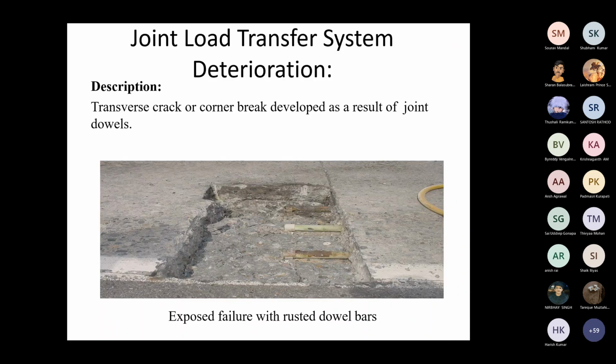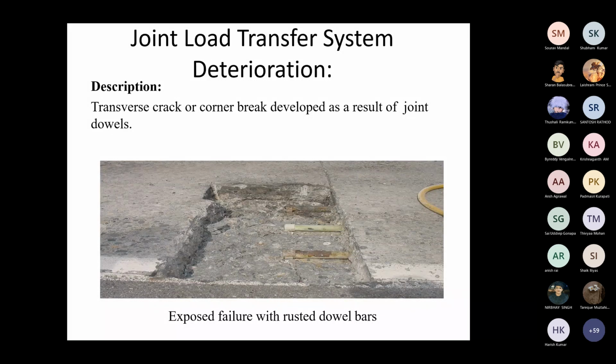There's also joint load transfer system deterioration. I mentioned that dowel bars are for transferring the load from one slab to another, due to which defects like transverse cracks or corner breaks develop as a result of joint deterioration.